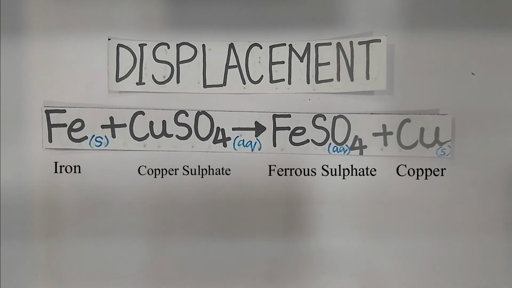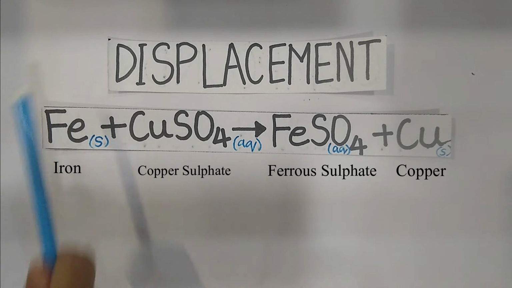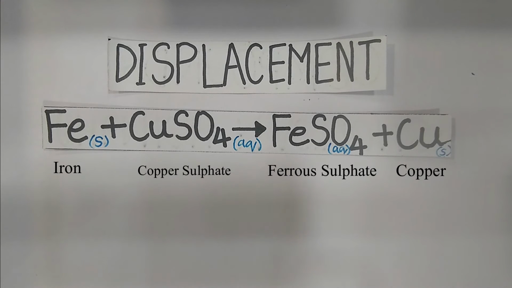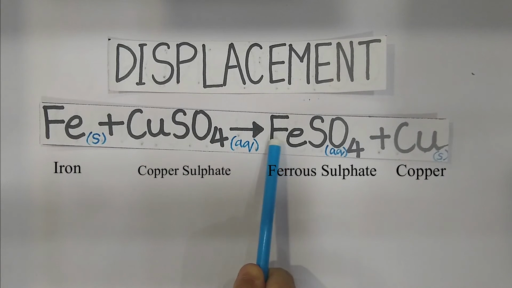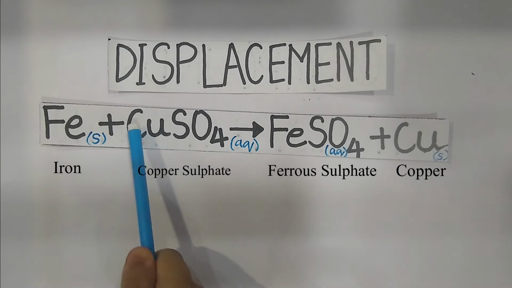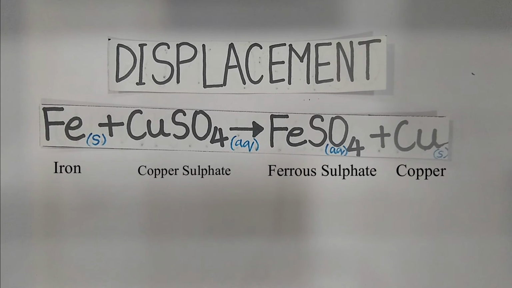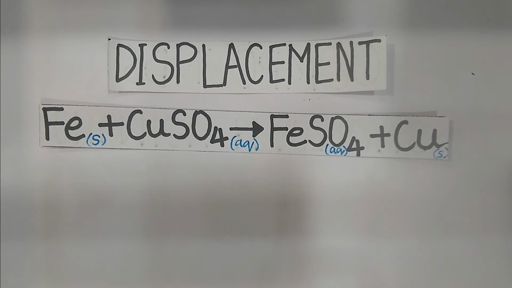So observe what just happened. Fe is much more reactive than Cu, which is why Fe attracted SO4 to form FeSO4, and Cu was left out in the reaction. Alright, so this was your first example for displacement.